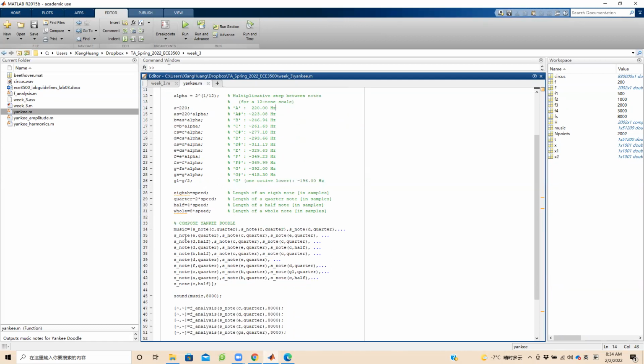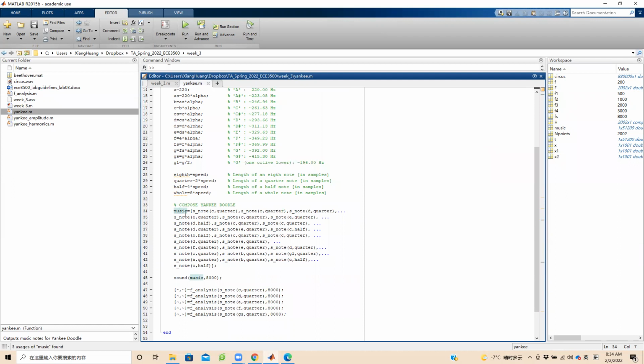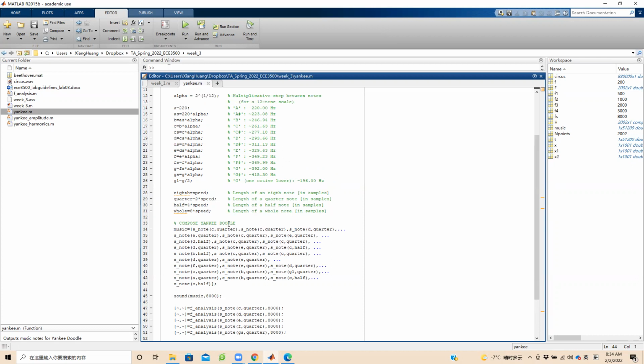So here is the music, and it's a combination of 20 notes. Each note has a certain frequency.